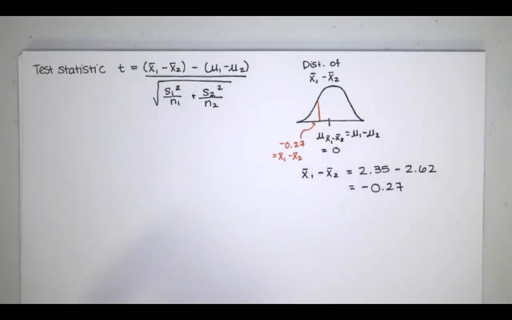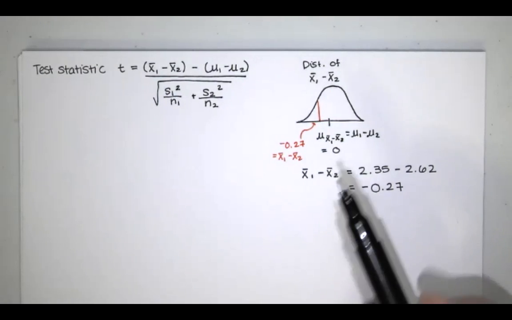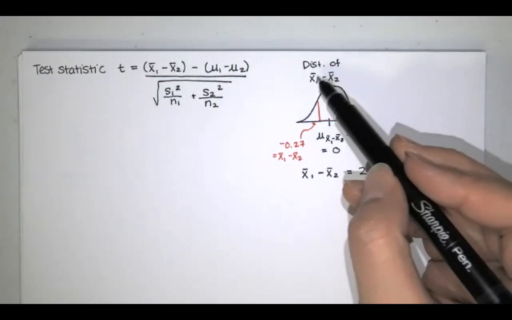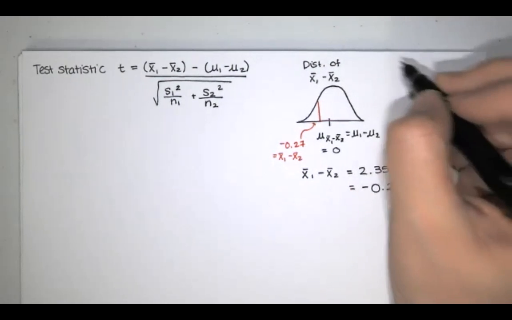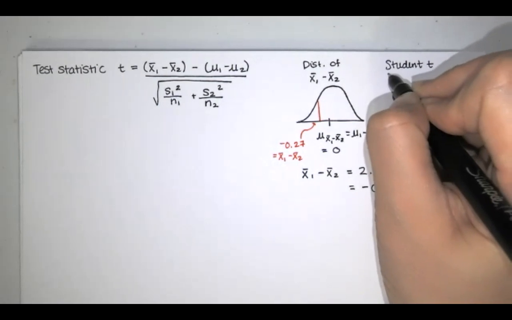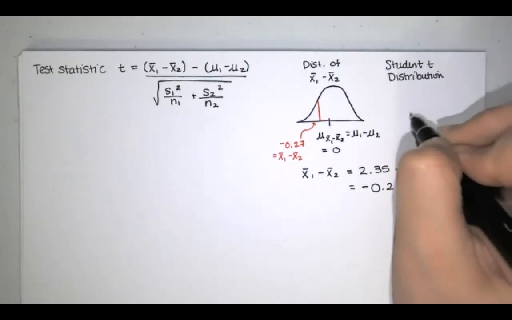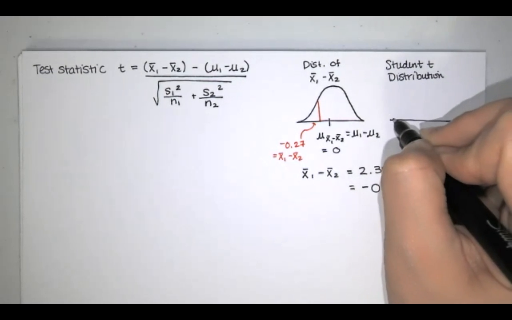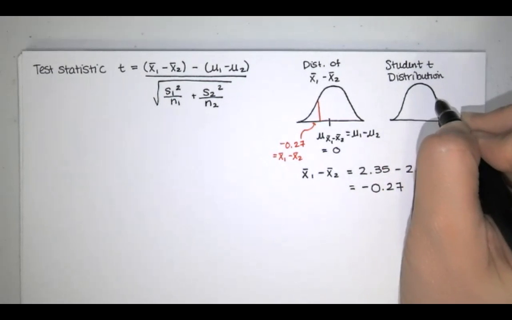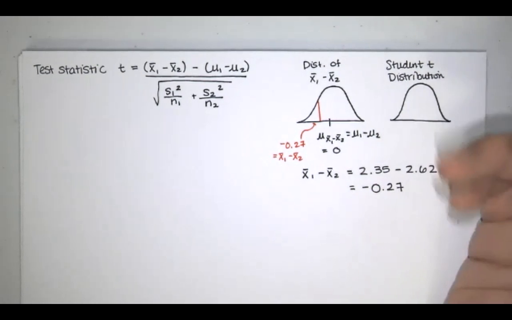Well, in order to figure that out, we have to compute this test statistic T. So we're converting this distribution of x sub 1 bar minus x sub 2 bar to a student T distribution. Now remember, the student T distribution has the same basic shape as that normal distribution. It's just a little wider. The variation is larger.